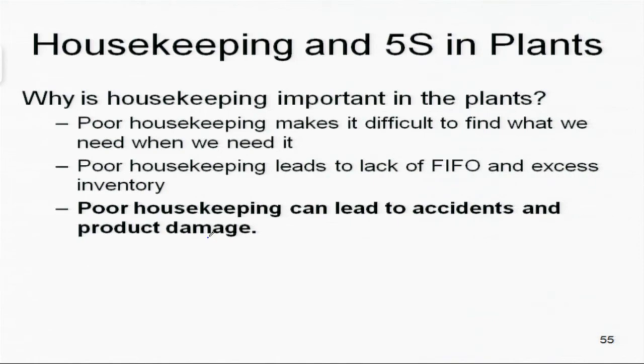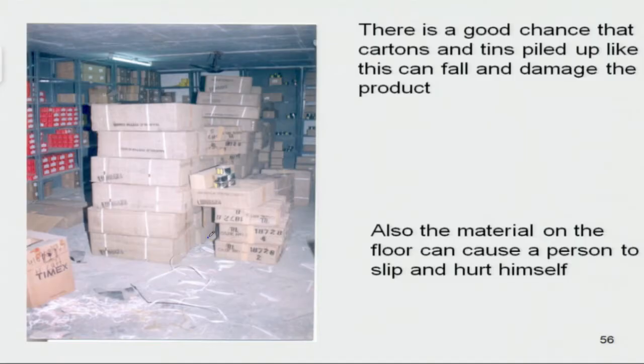Poor housekeeping can lead to accidents and also to product damage, and examples here, number one, some of these cartons are upwards of 50 kilos in weight, and you see how they are extending out. If they extend a little bit further, it is quite possible that some of these cartons might fall over, especially when they are so heavy. You see some of this packaging material.